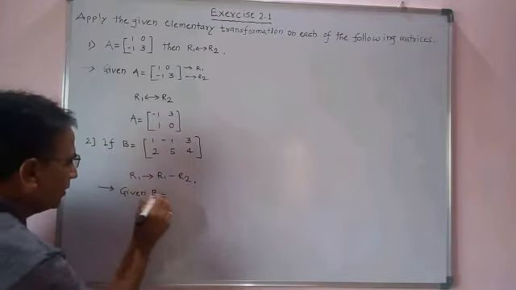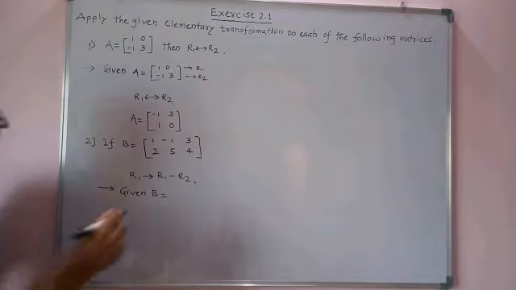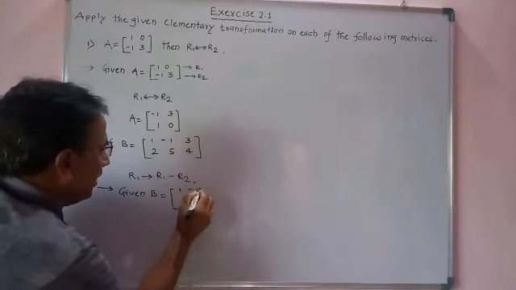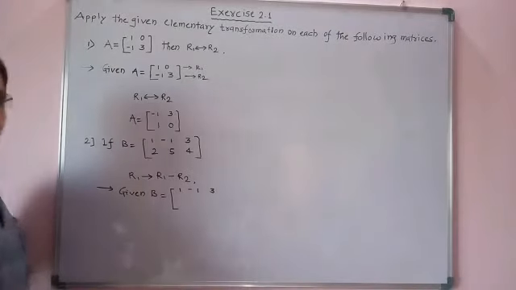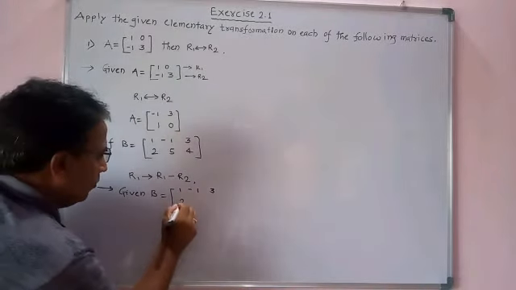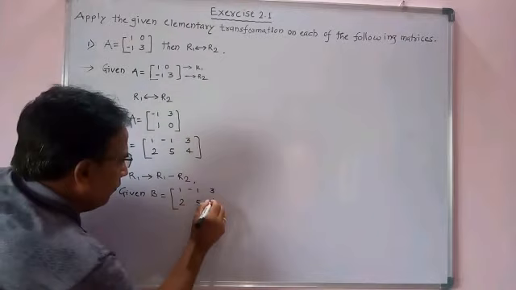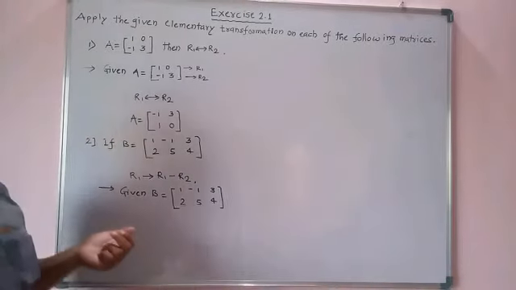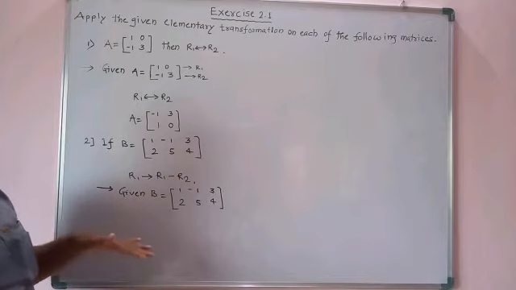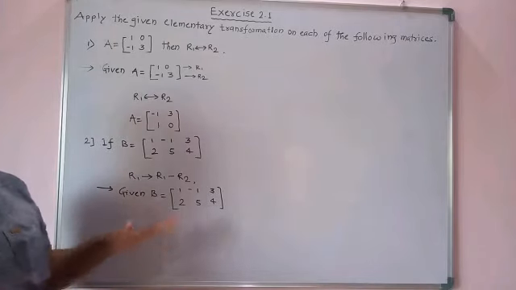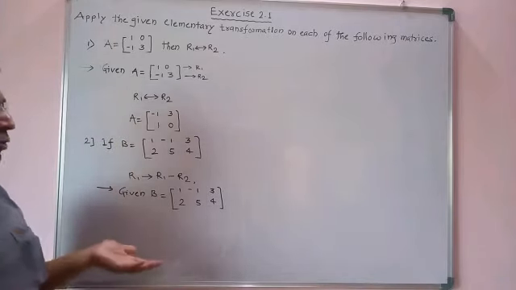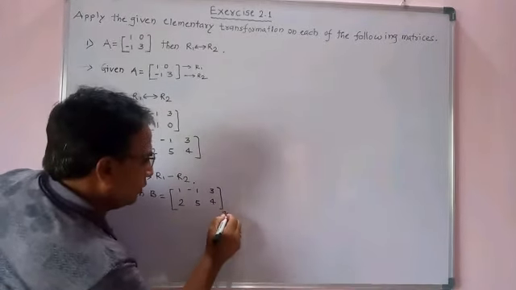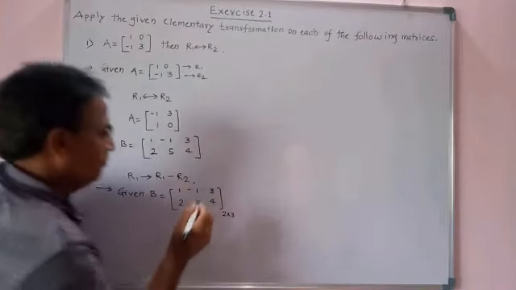What is the order of this matrix? Firstly we write rows and secondly columns, so the order is 2 by 3: 2 rows and 3 columns.